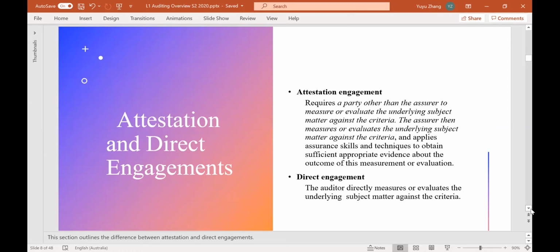But for attestations, another party measures or evaluates the subject matter, and then the assurance provider evaluates the underlying subject matter again against the criteria and provides assurance on that. Is this understandable?